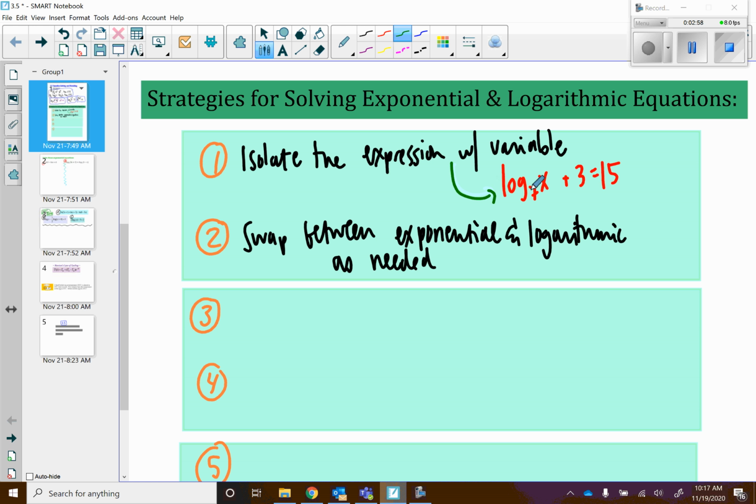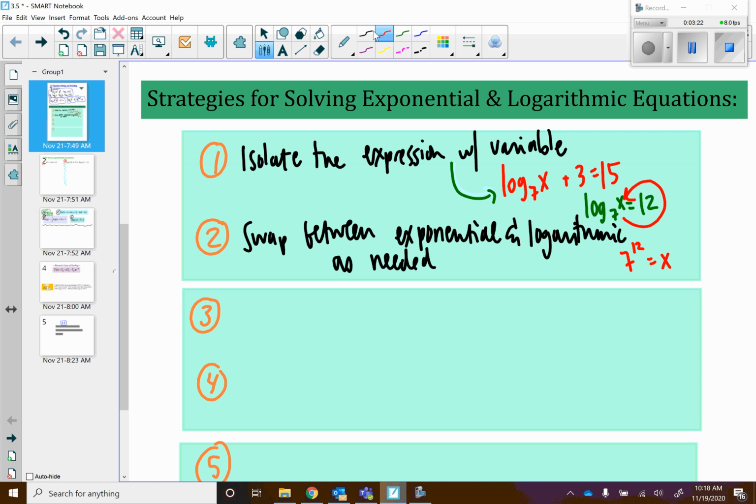Get the thing that has the x all by itself. So log base 7 of x is equal to 12. This is in log form, but we can't solve it this way, so we change it to an exponential. 7 to the 12th is equal to x, and we have our answer.